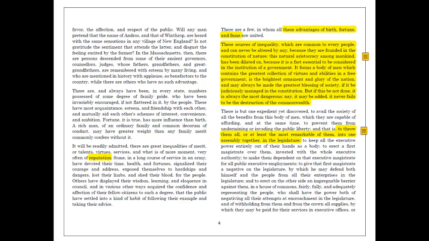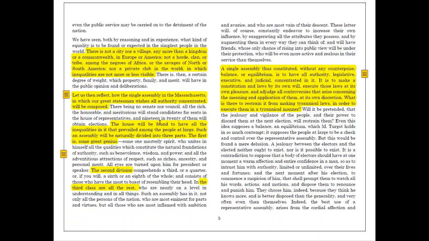But before we get to that, because he's going to work his way back to this role of the Senate to contain the natural aristocracy, he wants to sort of hypothesize what's the chaos or the anarchy that comes about when you only have a single legislative body, or a unicameral legislature.